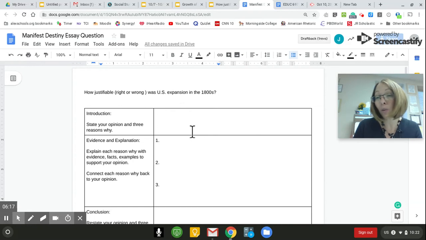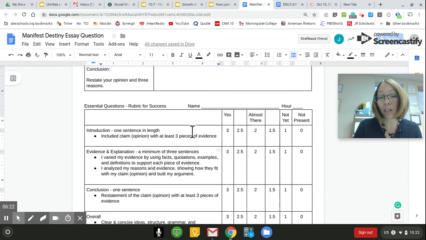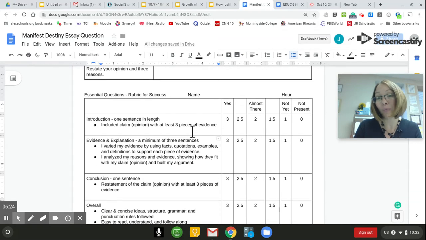And if you have any questions about it, send me an email. Otherwise, just ask those questions of your kids at home. It's really helpful. Get them thinking about it. And then you can help them distinguish what's just their claim or opinion versus what's evidence, because I've found that's a really hard thing for students. They want to call their opinion evidence, and they need to have things to back it up.